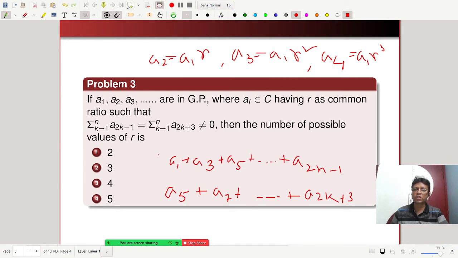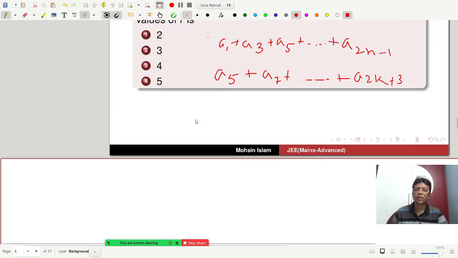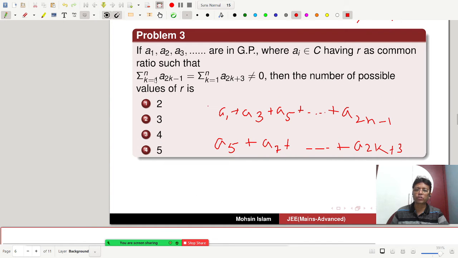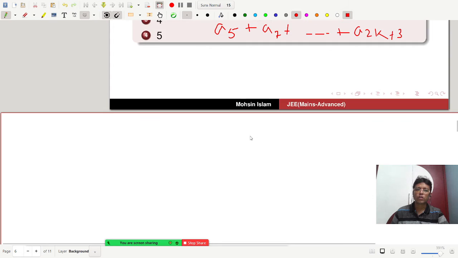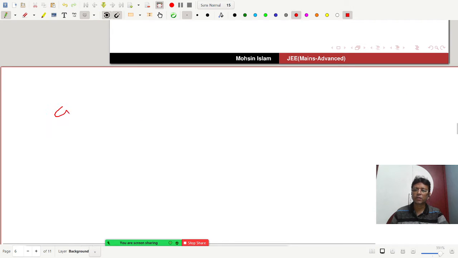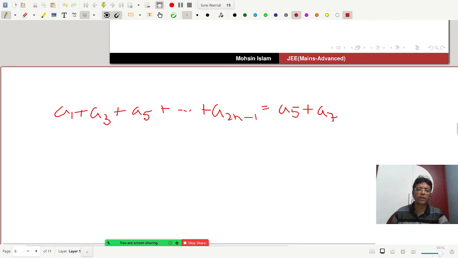So let me use this technique. I'm equating these because these two summations are equal. So I'm writing a1 plus a3 plus a5 plus etc. up to a2n minus 1 equals a5 plus a7 plus etc. up to a2n plus 3.